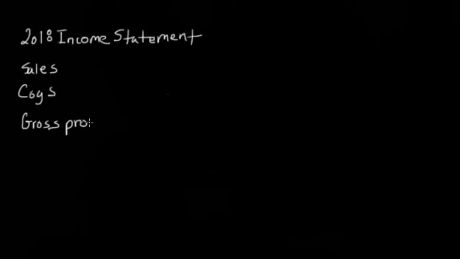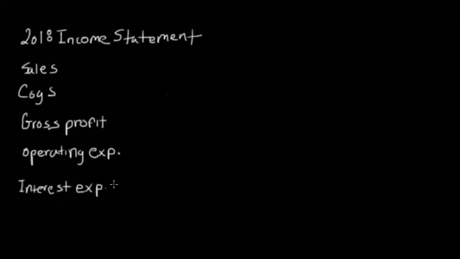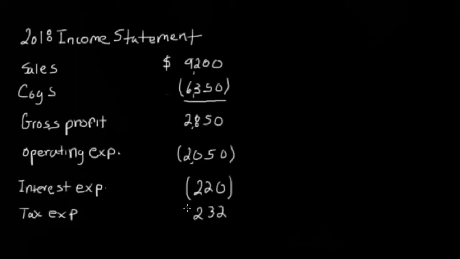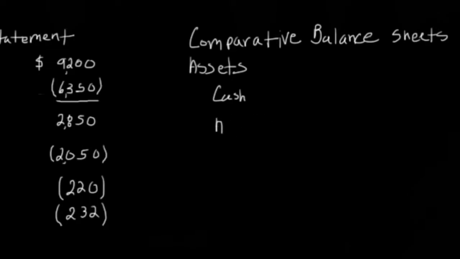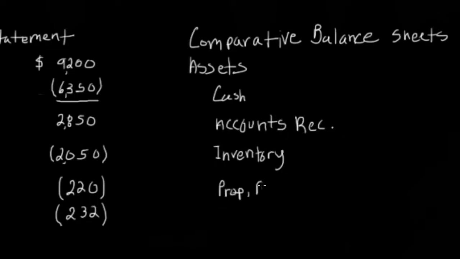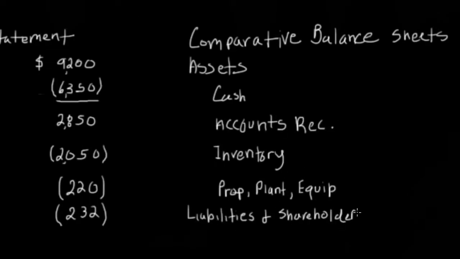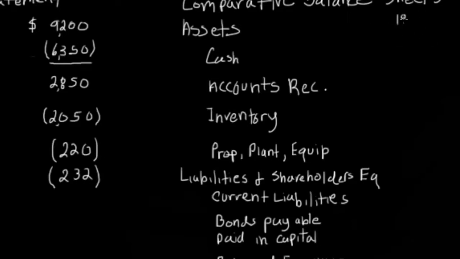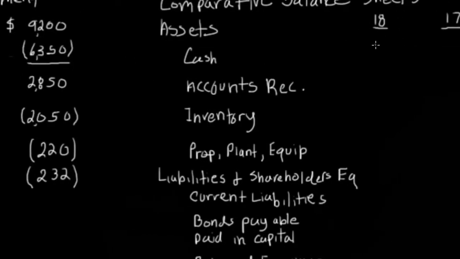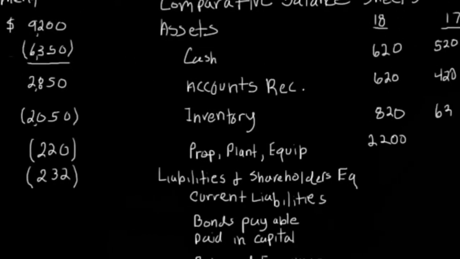I'm going to draw out the 2018 income statement and the corresponding comparative balance sheet for 2018 and 2017. For some of you, these numbers will look familiar. That's because I'm using the exact same income statement and balance sheet as I did in my previous video. The only difference is that we are going to be using the liabilities and shareholders equity section because we have a couple ratios like the return on shareholders equity and the equity multiplier ratios.